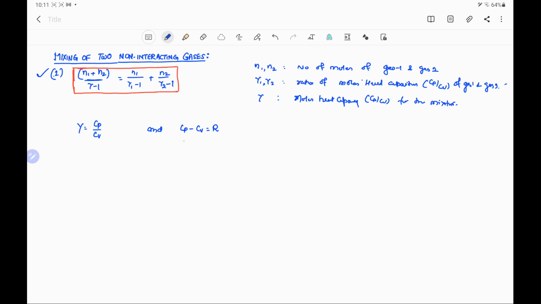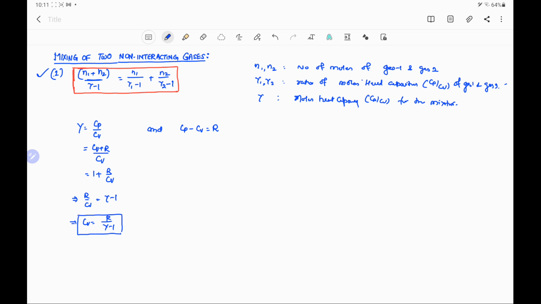Therefore, we can write gamma is equal to (Cv + R)/Cv or 1 + R/Cv. This implies that R/Cv = gamma - 1 or Cv = R/(gamma - 1). So we have to remember this relation.